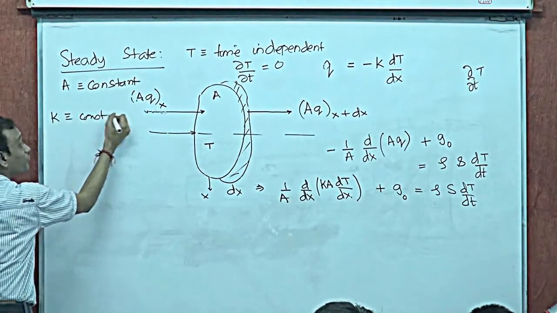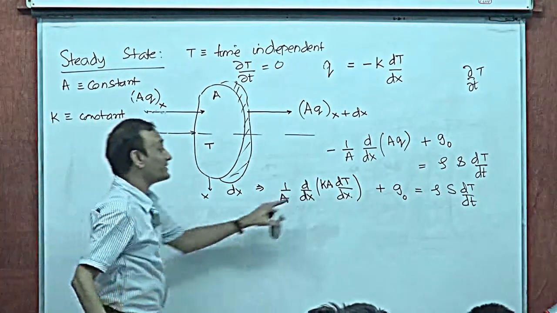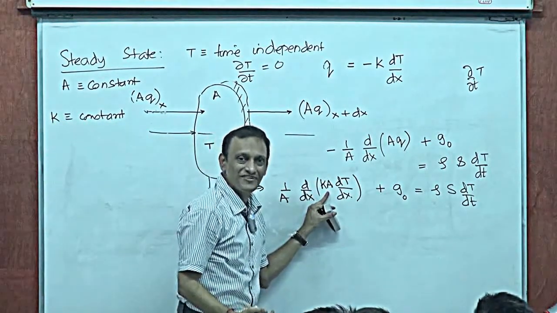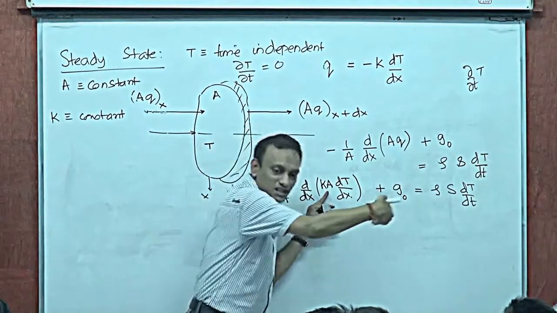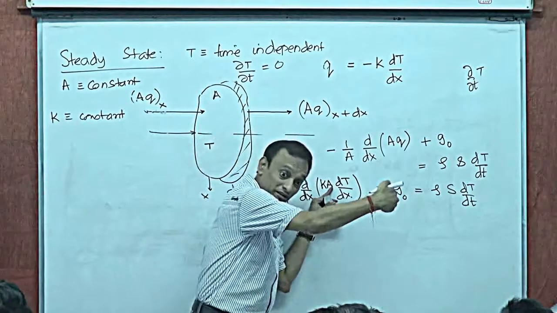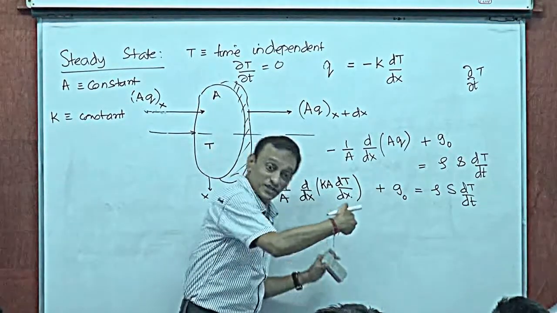However, one thing that you want to know here is that this equation will be true when K varies, because K could have been written as a function of x. A could have been written as a function of x. And this would be very general.